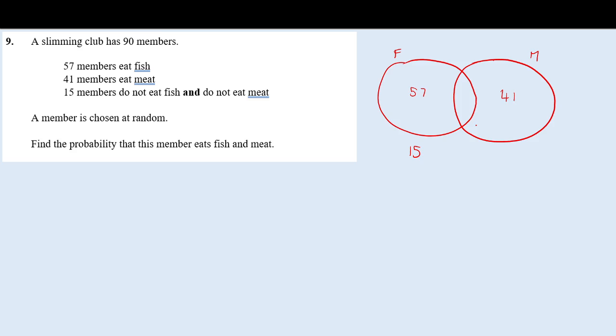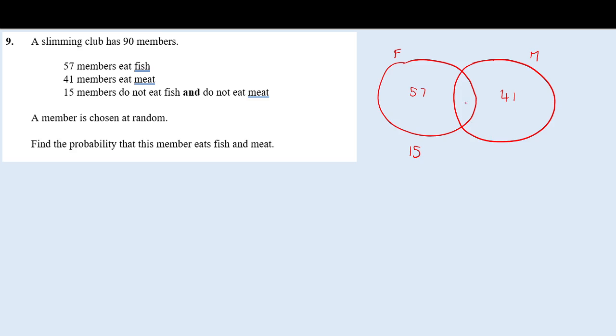Now, with this, we've got to make sure that we read this really carefully. 57 members eat fish. That is everything within that space, including the middle. And that 41 is the members that eat meat. Again, not including that bit in the middle.